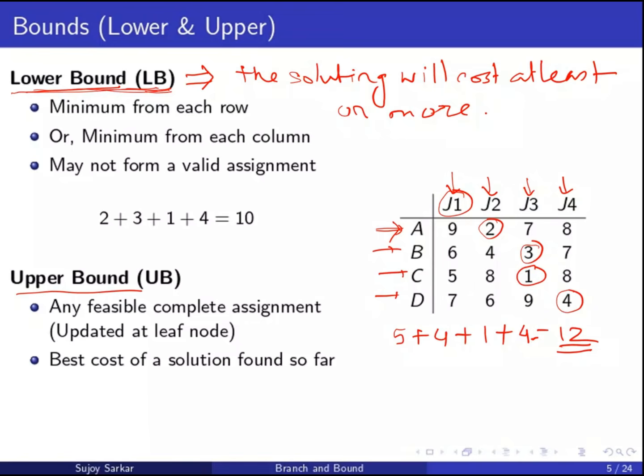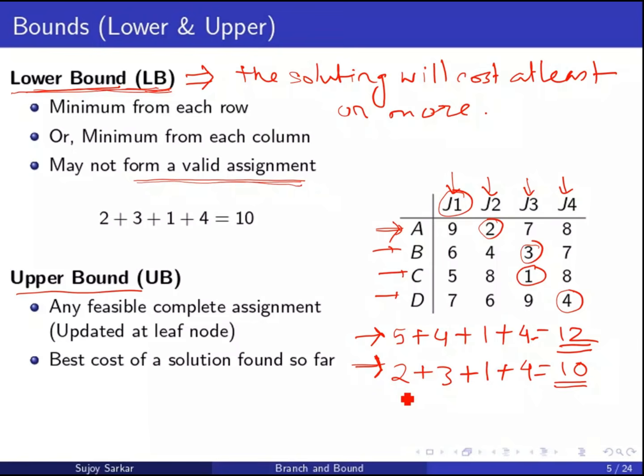So row wise, the cost is 2 plus 3 plus 1 plus 4, that is 10. So either we can take column minimums or row minimums, we don't need to take both, either one, and that will give us the lower bound. And please note that this may not be a valid assignment, it just tells us that the solution cannot cost less than this.